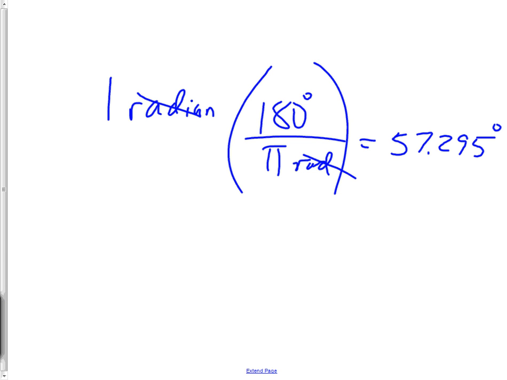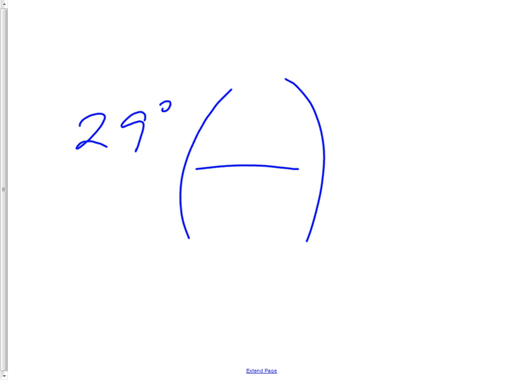Okay, so how about if it goes the other way? What if we have something that's 29 degrees and we need to know how many radians it is? So now you just use the same exact fact except flip it. So now you do 180 on the bottom because you want the degrees to cancel, and then you do pi radians on the top. Cancels, cancels. 29 times pi divided by 180, and you'll have your answer.